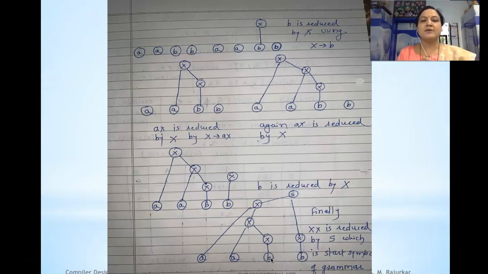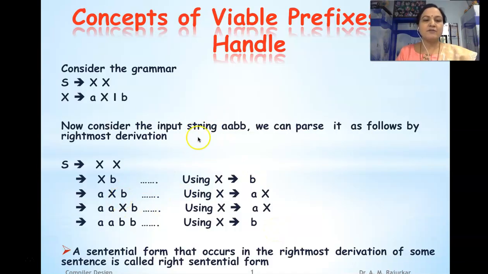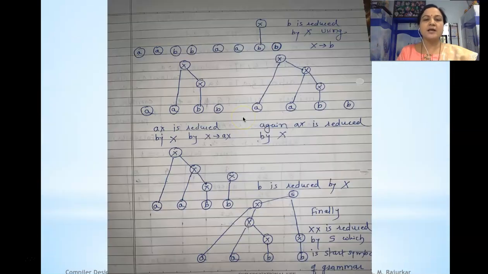Now let us see an example in the form of a bottom-up tree. The same example, we will continue that we want to parse the input string AABB. So let us start with AABB. In the first step, this B is getting reduced by X using the production X tends to B. In the next step, this AX is going to be reduced by X because we have a production X tends to AX.